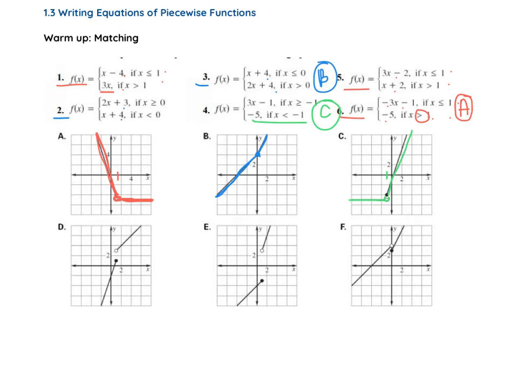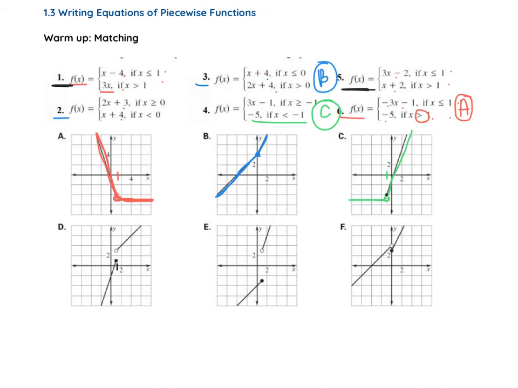Let's look at D. Notice where it starts or stops, the domain is at x equals 1. That's the changeover. So it's either got to be number 1 or number 5. Now let's look specifically at those functions. They both have two linear functions.